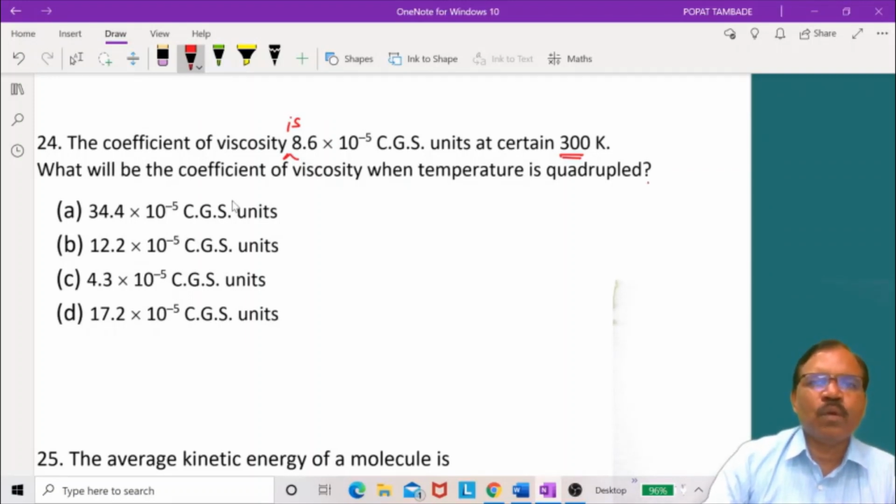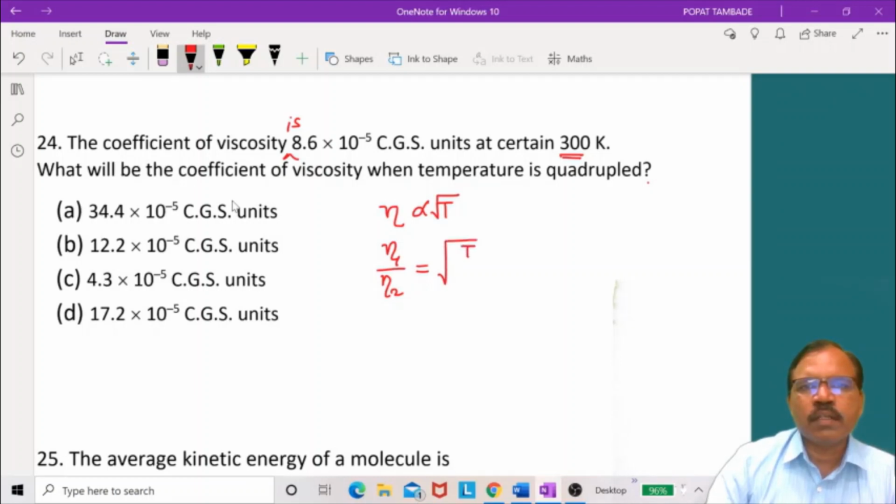Now we know coefficient of viscosity is proportional to root of temperature. Temperature is quadrupled, so I can write eta 1 upon eta 2 is equal to root of T1 upon T2.